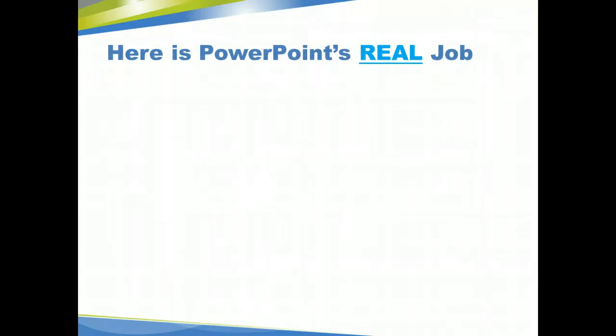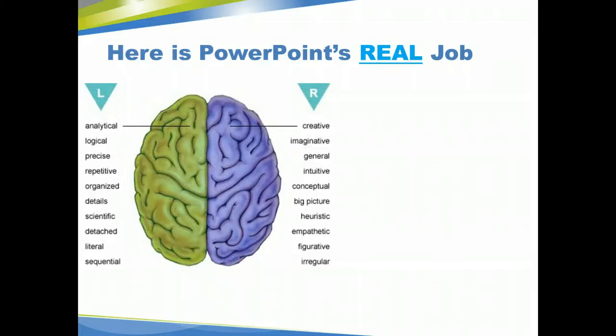So this is what PowerPoint's real job is. What your audience is listening to, the words that you're speaking, is going into the left side of their brain. When they're listening to you, they're being highly analytical and logical. They're even being scientific.